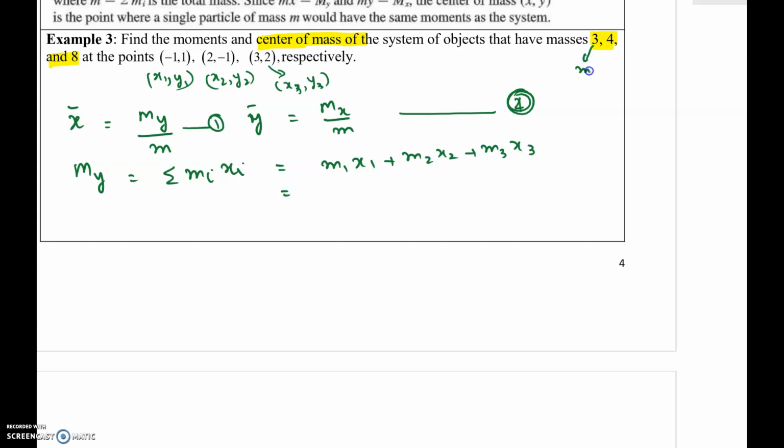The masses m1, m2, m3 are 3, 4, 8. So it is 3 times the first x coordinate, -1, plus 4 times the second x coordinate, 2, plus 8 times the third x coordinate, 3.